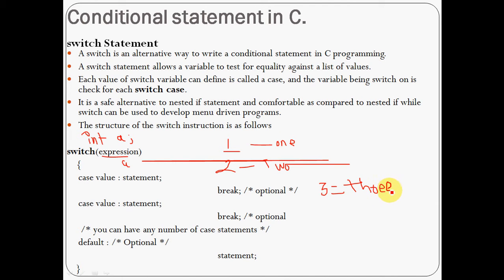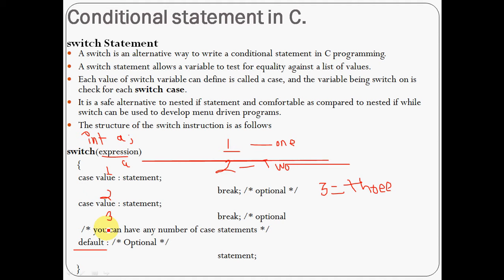These are the values associated with the expression. Once I write switch a, you put the values 1, 2 and 3. If your input value does not match any of them, then you simply jump to the default condition. In this way you execute the switch case statement.